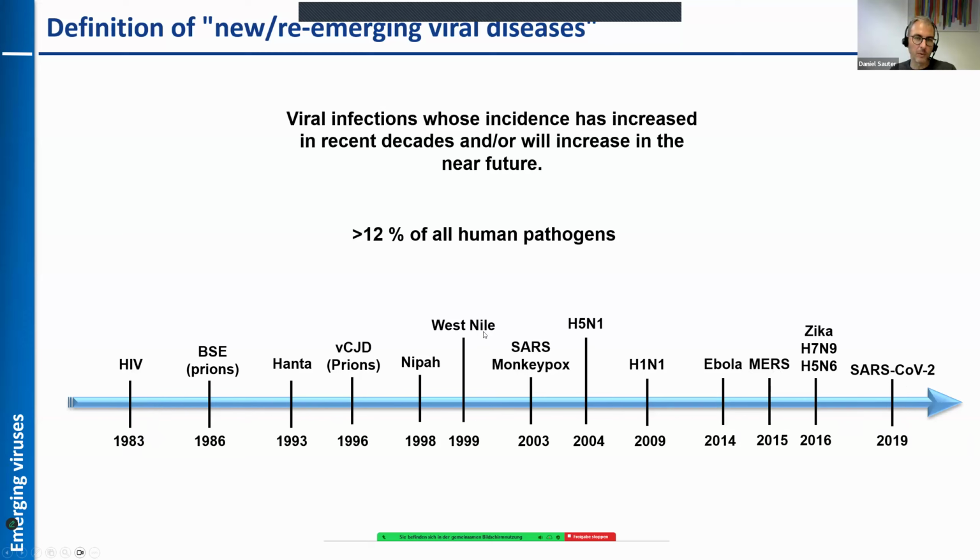And what you have to keep in mind is that emerging viruses are nothing that is unique to the present, but there have always been emerging viruses also centuries ago, and there will probably always be emerging viruses in the future. And this is what I would like to indicate with this word here. So just keep in mind that emerging viruses may appear anytime.